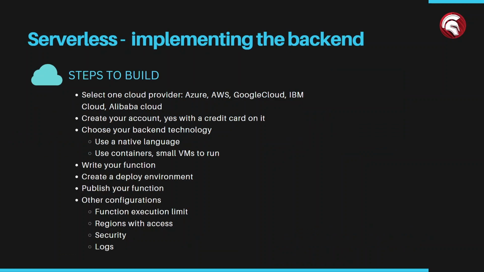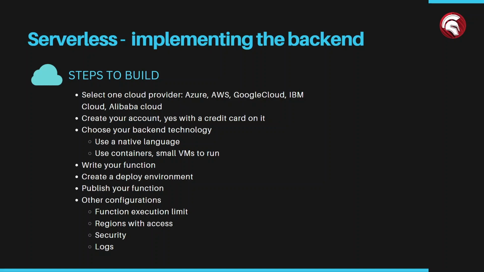Well, the steps to build and implement the backend, the server part of the serverless or cloud function. We'll have to select one cloud provider. Many cloud providers support serverless or server functions.